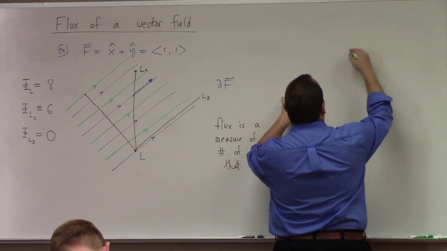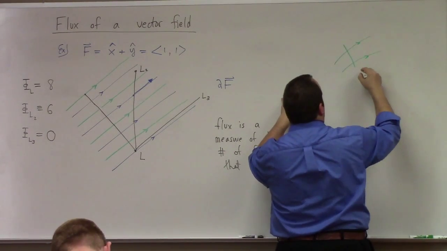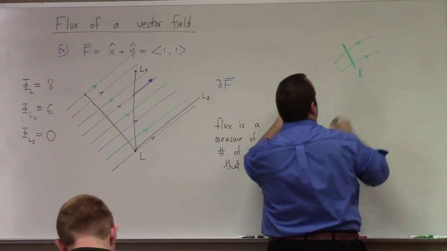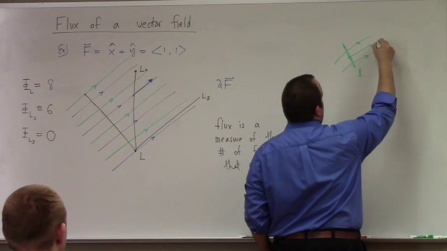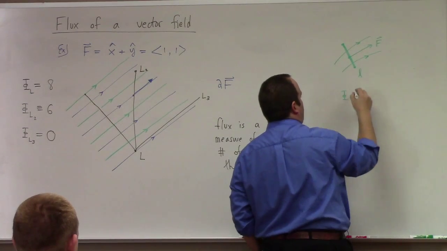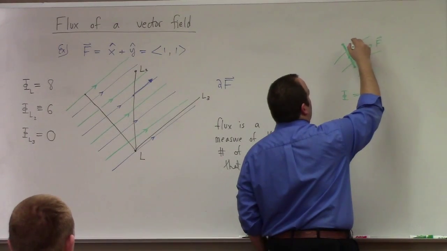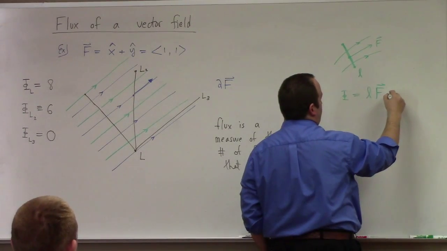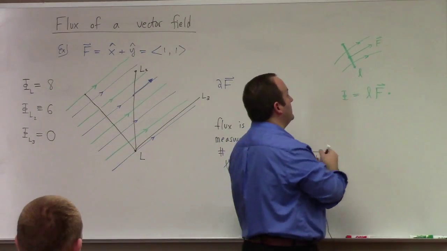If my field lines are whatever direction, and I look at a little line segment L, then to a good approximation, the flux through this little line segment L is going to be defined to be L, the length, and F, and then we dot with the normal.